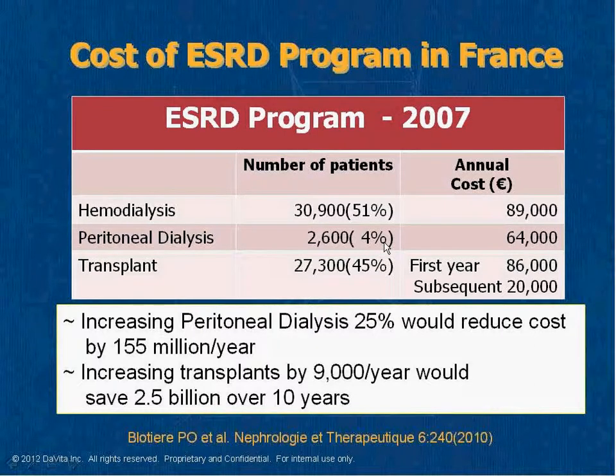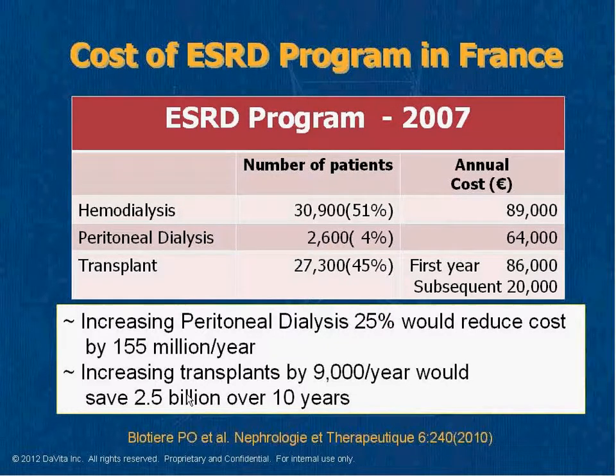Now they're beginning to realize that if they were to increase peritoneal dialysis by 25%, they would save 155 million euros per year. And needless to say, by increasing transplants by 9,000 per year, they will save over 2.5 billion over 10 years. So we will see more and more in foreign countries, particularly Europe, a tendency to increase the number of patients in peritoneal dialysis programs.